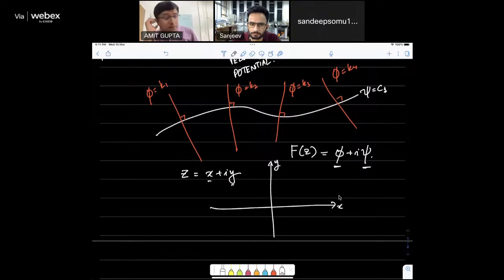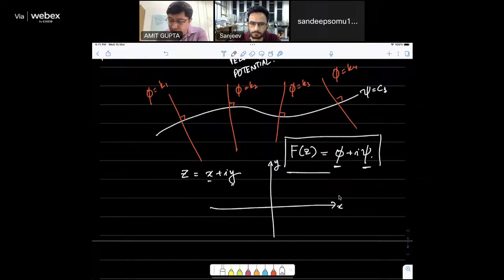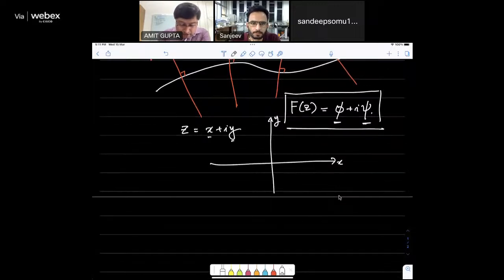Why we did this is that by making them orthogonal, it becomes easier for anyone to ensure that the Cauchy-Riemann equations are satisfied for this selection of f of z. As long as the Cauchy-Riemann equations are satisfied, the function is analytic, and we can start working with the tools that we have developed in this course. Remember, the Cauchy-Riemann equations for this f of z are very nice.